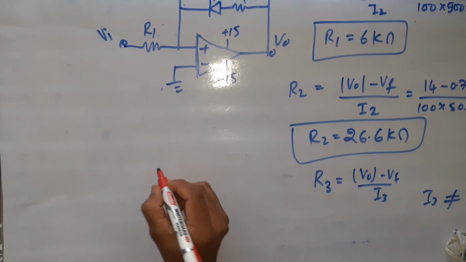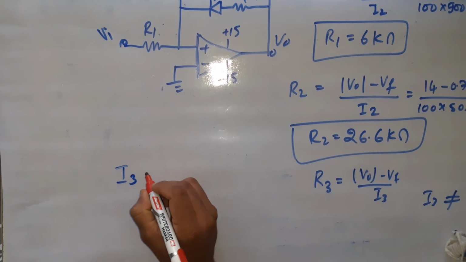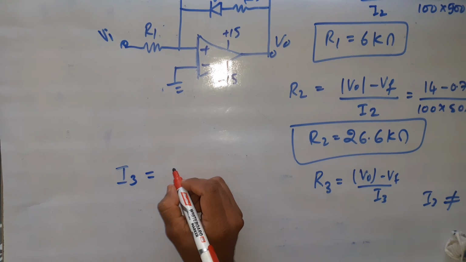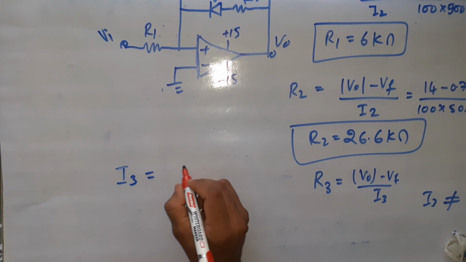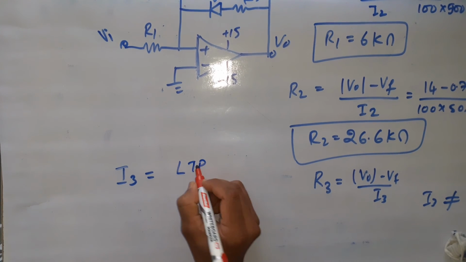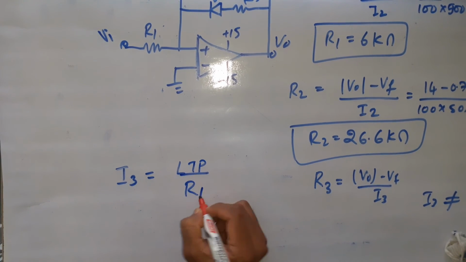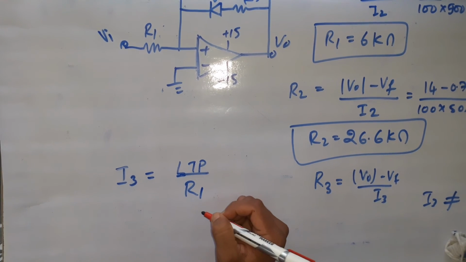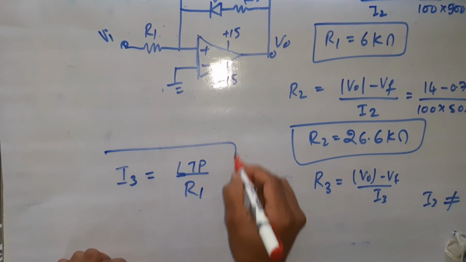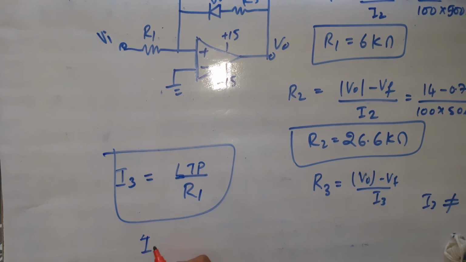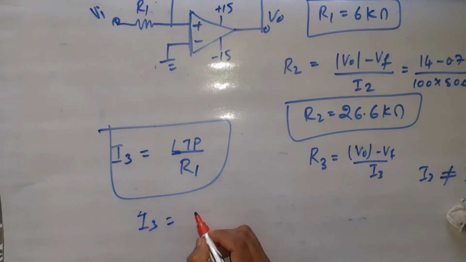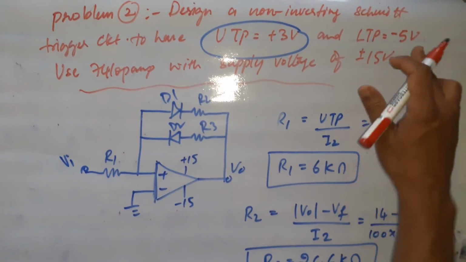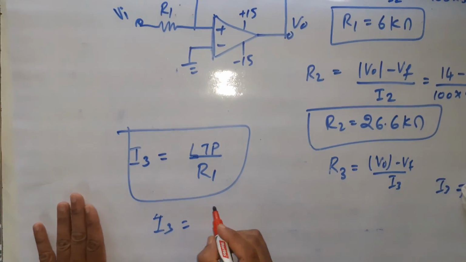Hope you remember this. I had given you that the current I3, which will decide your LTP, is LTP by R1. LTP by R1 will decide your I3, right? So therefore I3 is equal to, what is LTP? LTP is minus 5 volts.